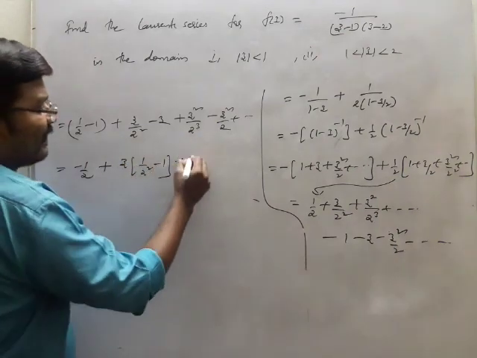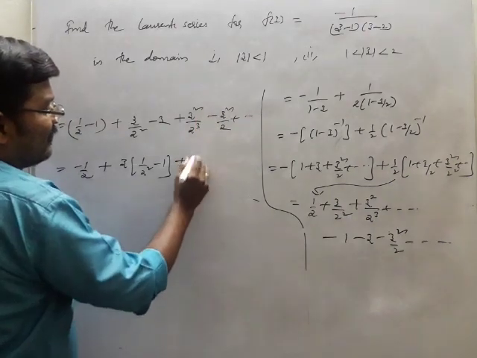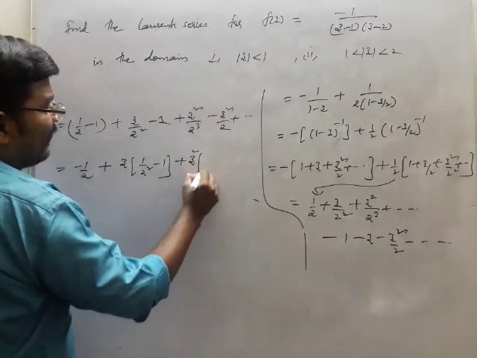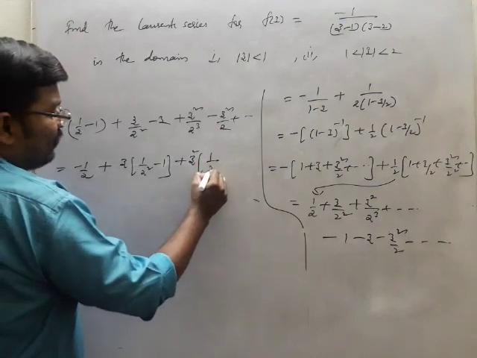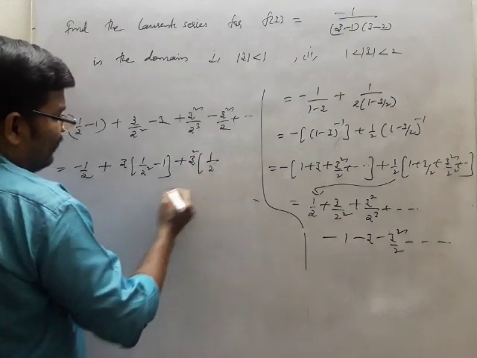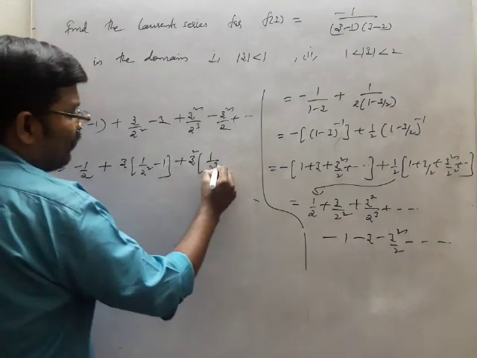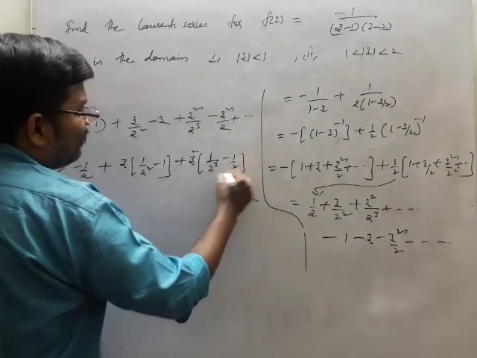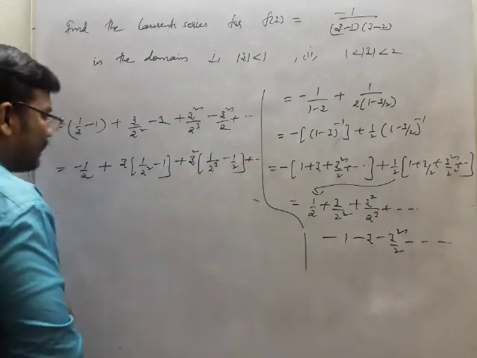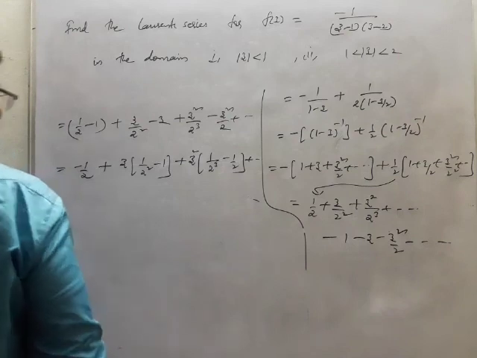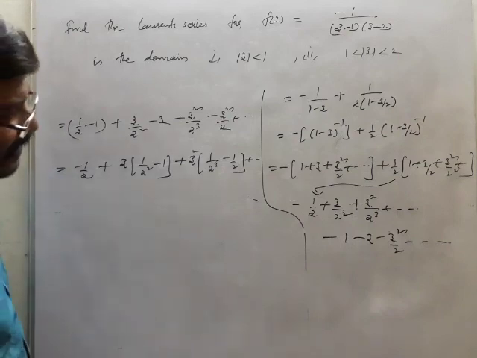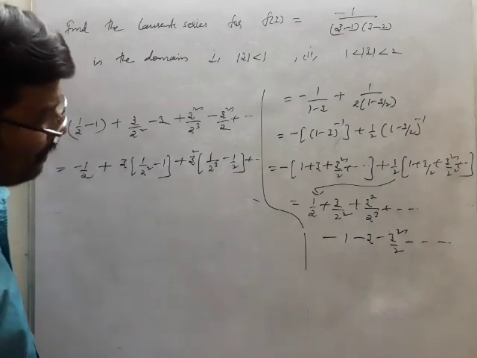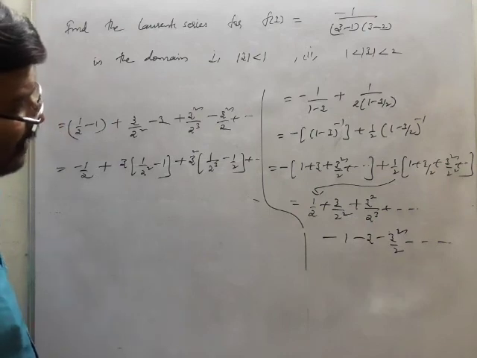Okay, here if I take z square common, you will be getting 1 by 2 square, 2 cube minus 1 by 2, plus and so on.